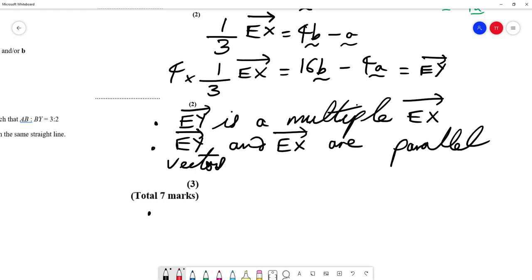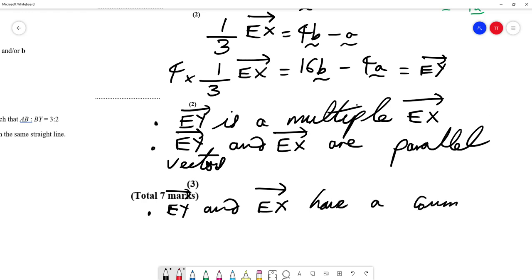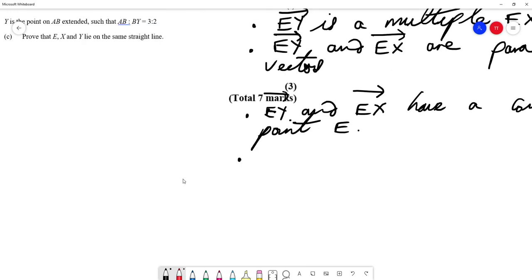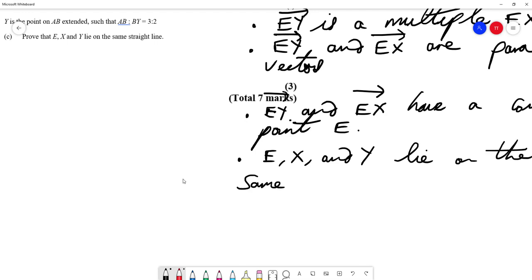We can also say that EX and EY emanate from the same point; they have a common point E. So now we can say that E, X, and Y lie on the same straight line.